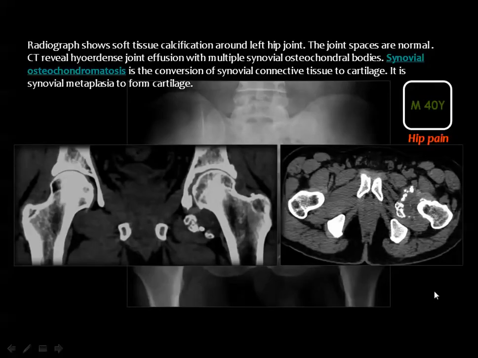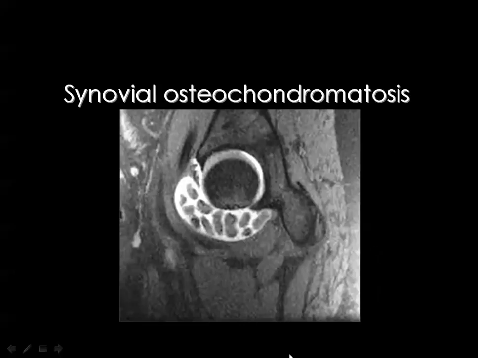Also, this is an example. You can see the loose bodies. You see the distension of the hip joint capsule on the left side, and in the coronal image you can appreciate also the loose bodies.